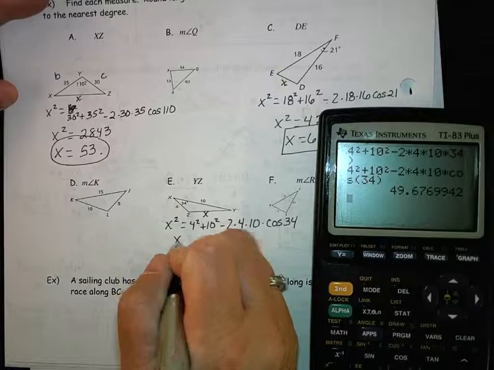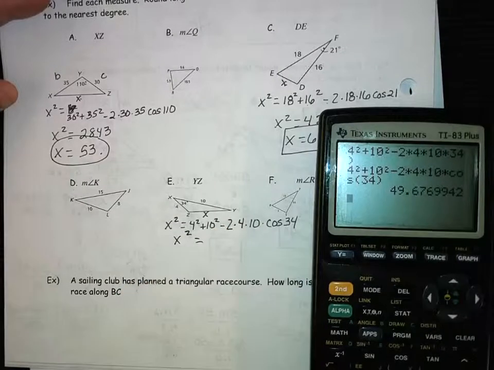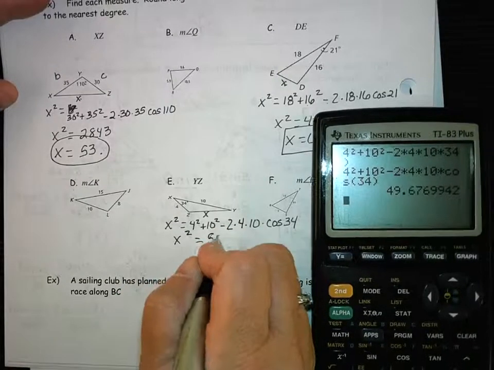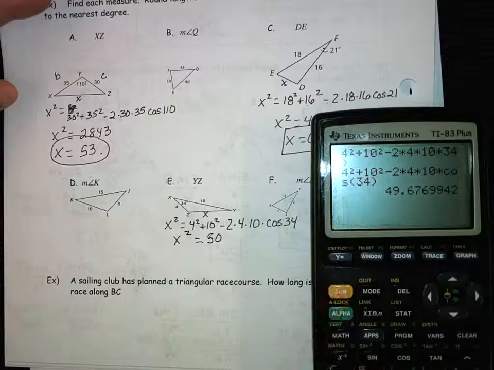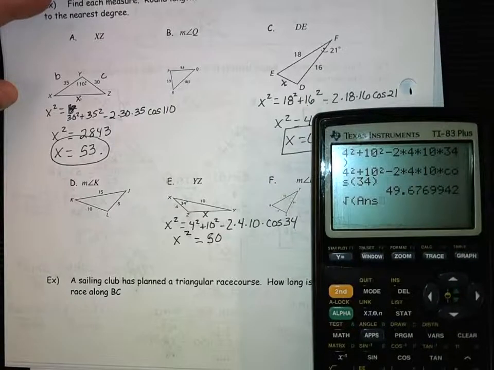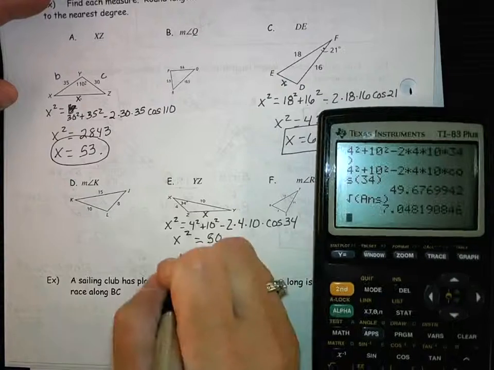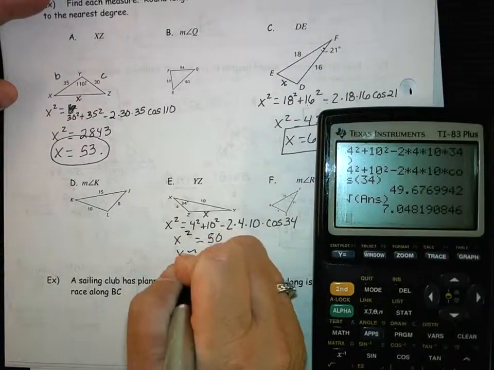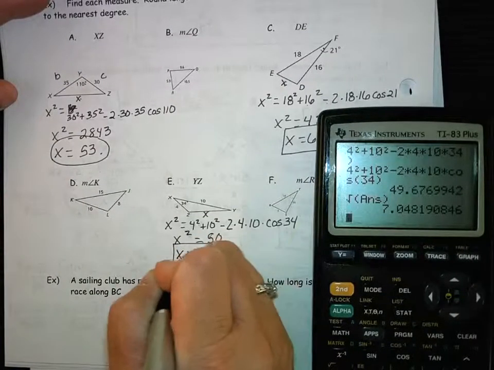That equals 49.67. So I'm going to round to about 50. And then we square root, hit second in that negative, it pulls your answer back, and we end up with x equaling right about 7.